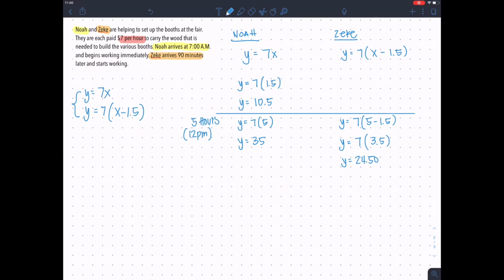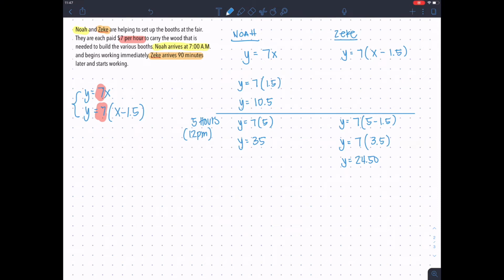And when I'm solving this, I can see that my rate that they're both making money at is the same. They're both making $7 an hour. And because of that, they're never going to have the same amount of money.